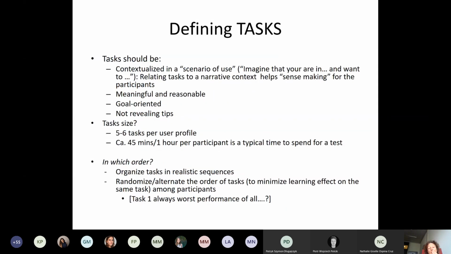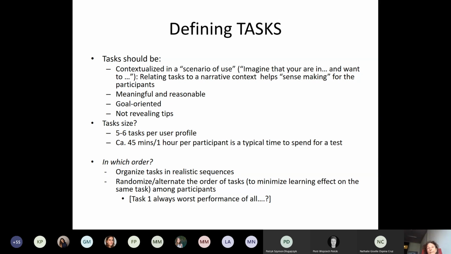So, task, I jump some slides. Tasks should be contextualized in a scenario of use. So it should be explained, for example, like: imagine you are planning your carnival week in the mountains, and want to reserve a family hotel in a given area of the Alps.